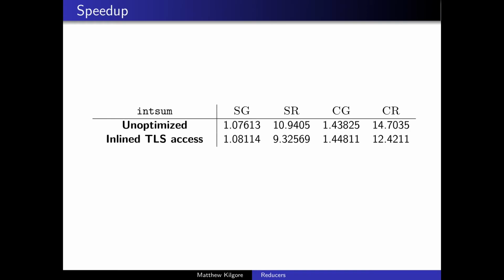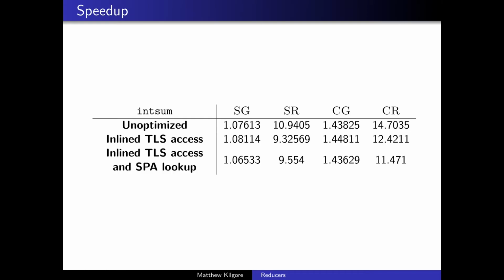So if we inline the TLS access, then we chop off about 2 seconds from the serial reducer case, and we chop off a bit under 2.5 seconds from the silk reducer case. So that's a good start.